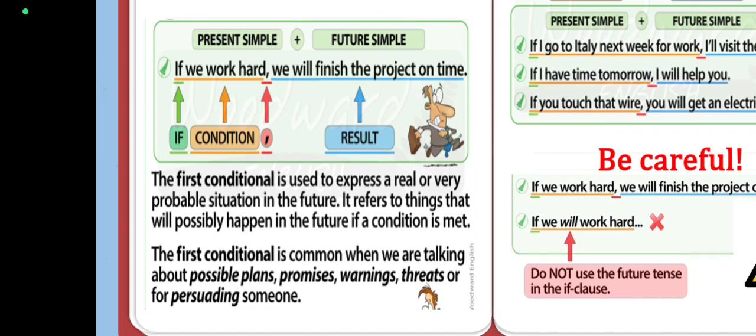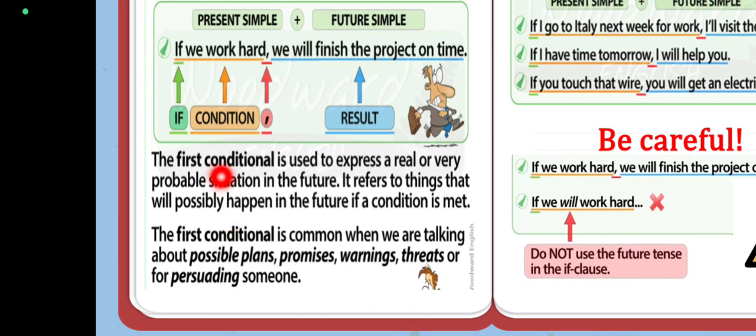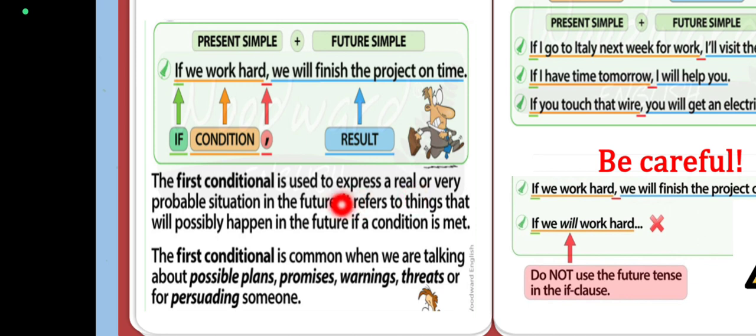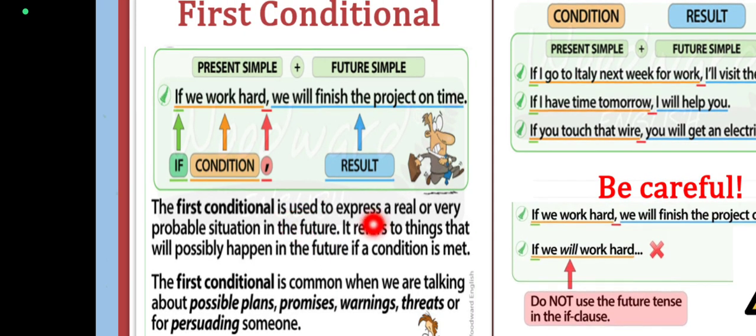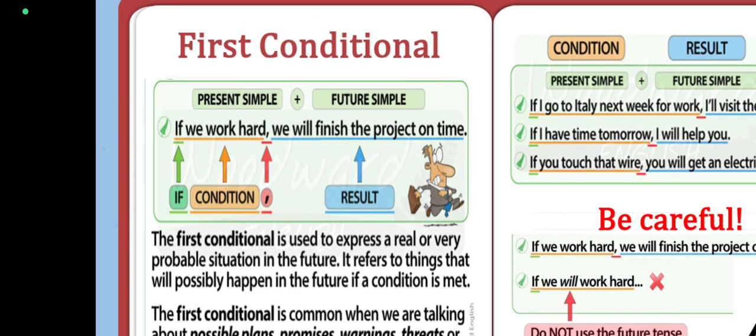Now, here we have an explanation about the usage of this topic, but it is not for today's class. The important part is this one. It is used to express a real or very probable situation, for this verbal tense.